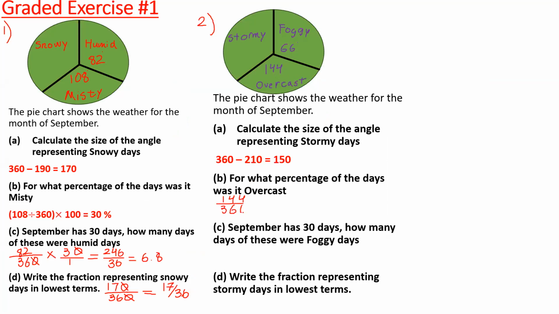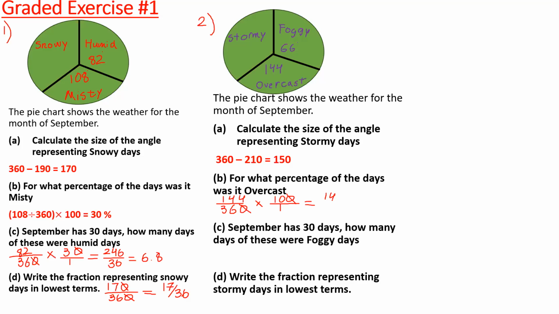Multiplied by what? 100 over 1. Good. And then we're going to cancel, right? So we cancel this 0 with that 0. And so we're left with what?